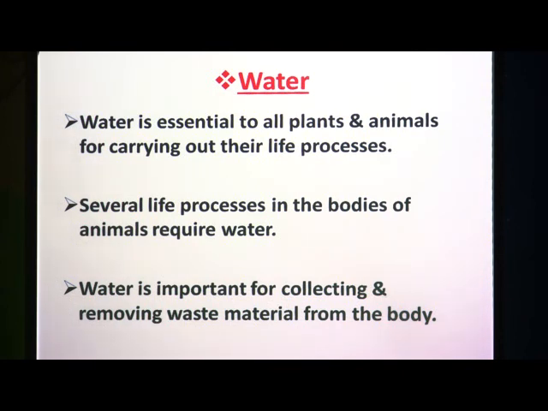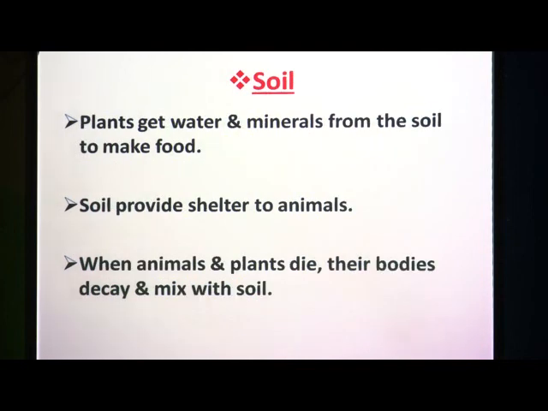Then we also know that all living things, plants, animals need soil, and as we know that plants cannot grow if there is no soil, because soil provides plants with support.